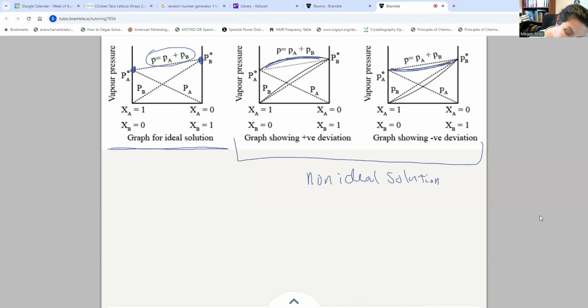So with a positive deviation, we are going to have a higher vapor pressure, meaning that we have weaker intermolecular forces in the solution than is expected by the solute and the solvent.